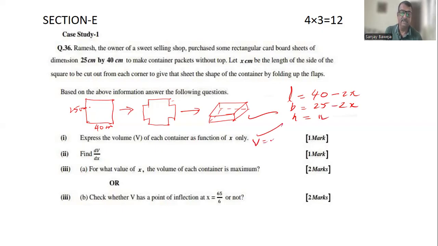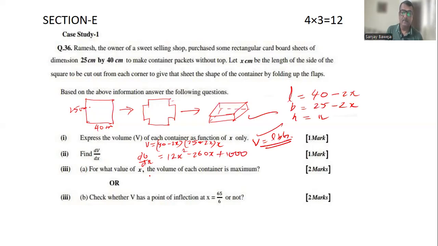V is equal to LBH, so V is equal to 40 minus 2x into 25 minus 2x into x. Differentiate this to get dV by dx, which after differentiating will be 12x square minus 260x plus 1000.